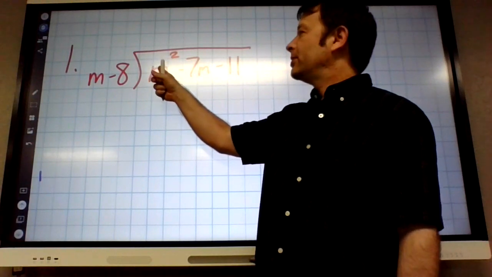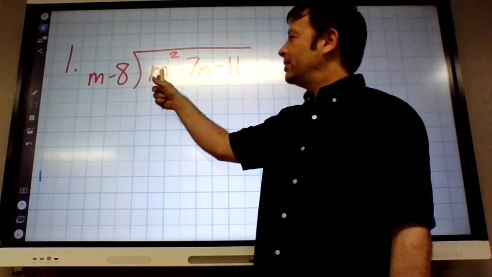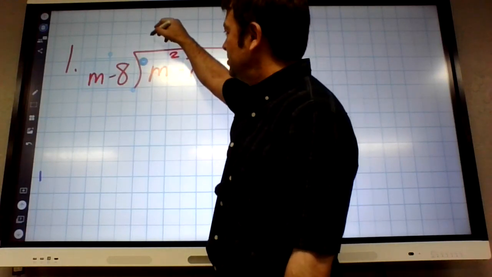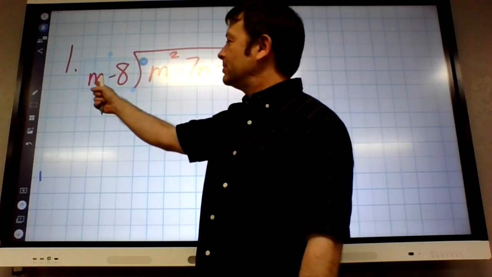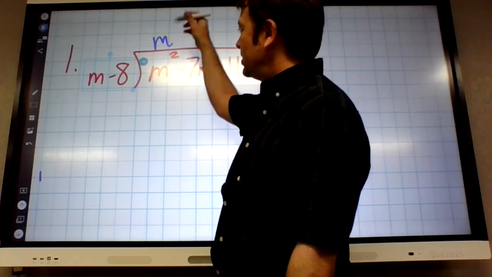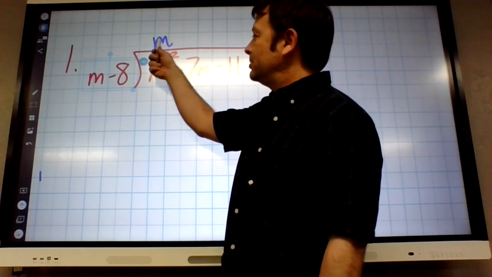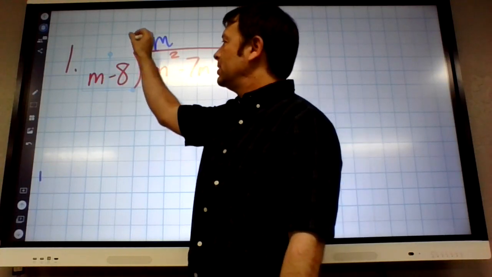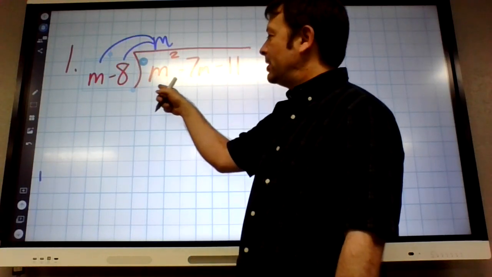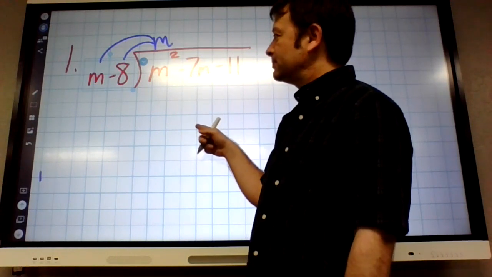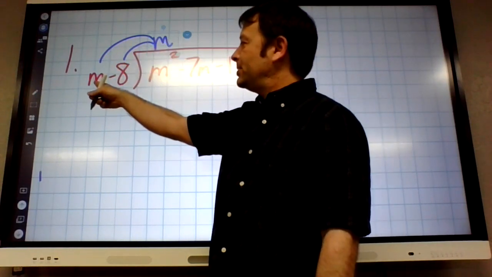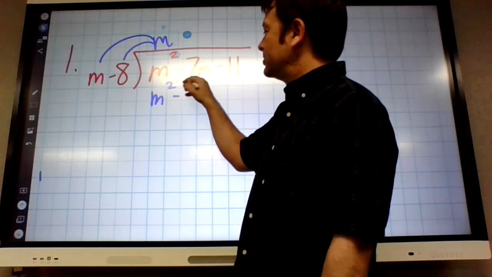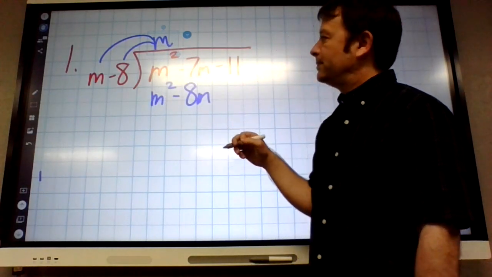And Willow? So we got m squared divided by m, which is m. Then you're going to take m times the divisor, both terms, like distribute. Put it down here and subtract. So m times m minus 8 is m squared minus 8m.